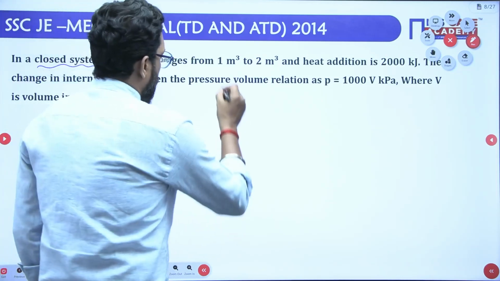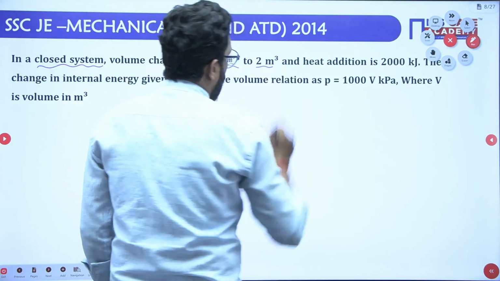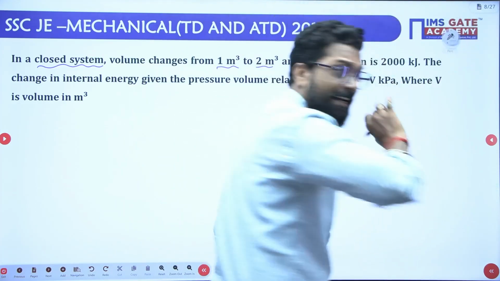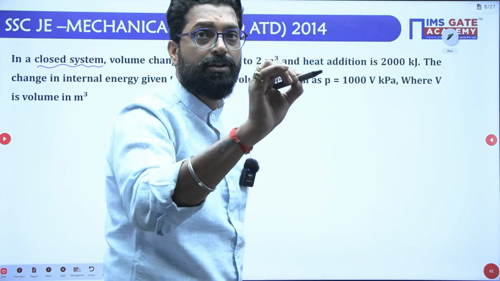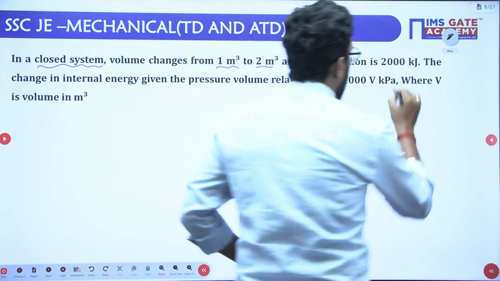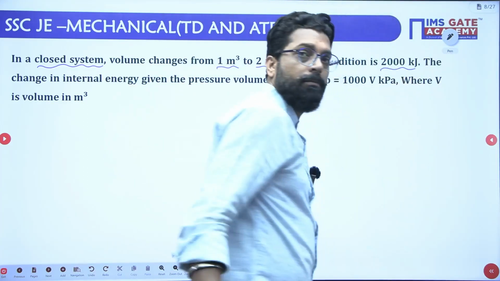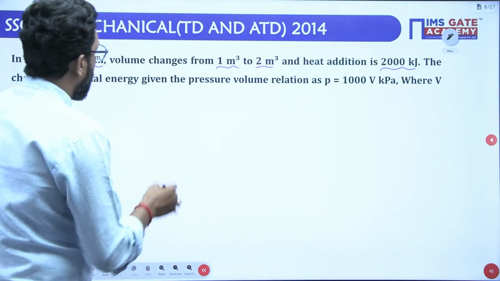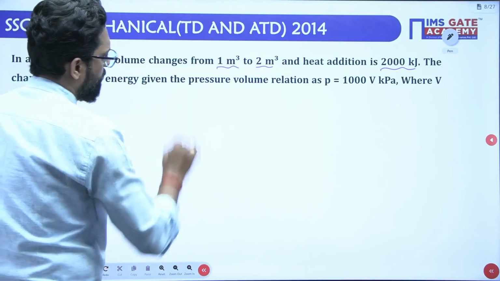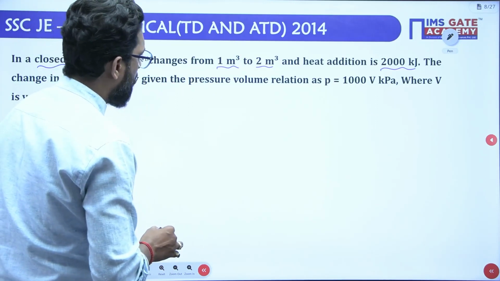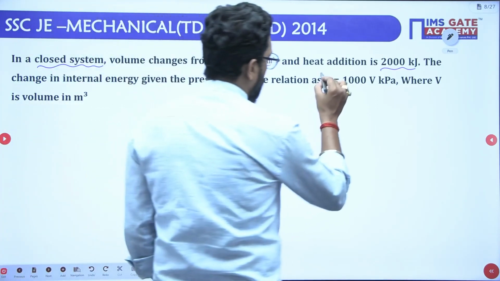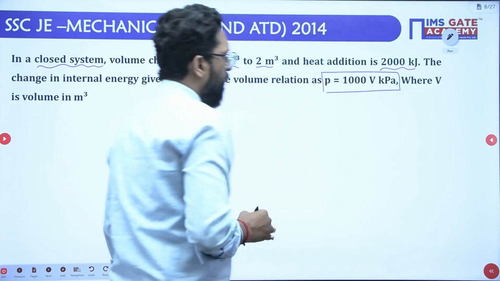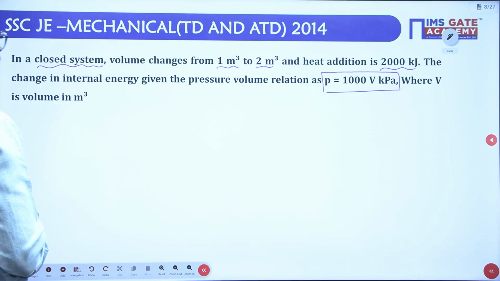Volume changes V1 to V2 and heat is added to the system, that means positive heat added. The change in internal energy is asked, given the process. The pressure volume relation is given, where V is the volume in meter cube.